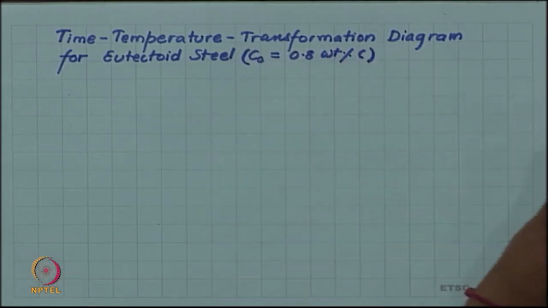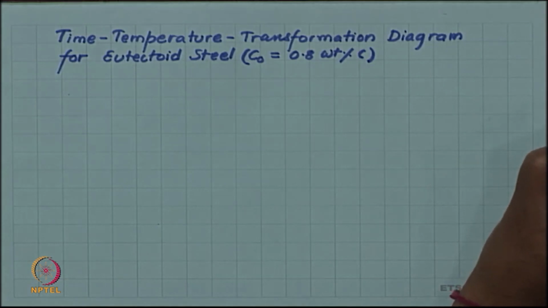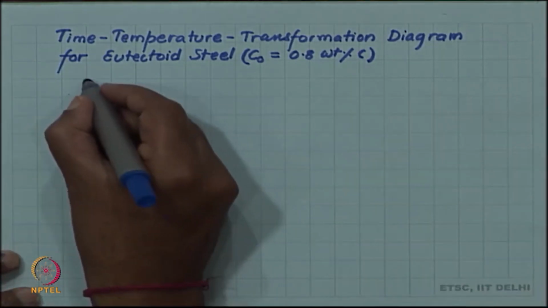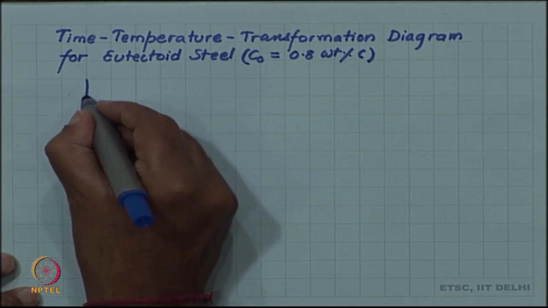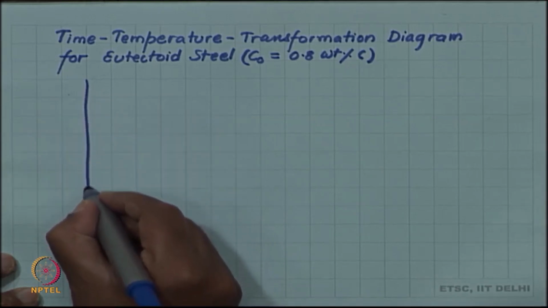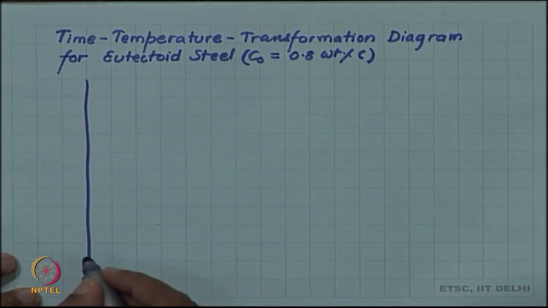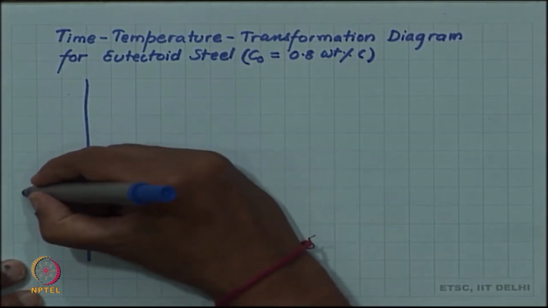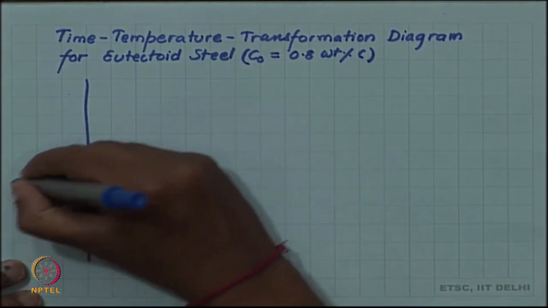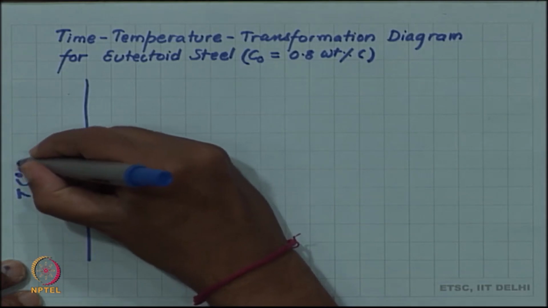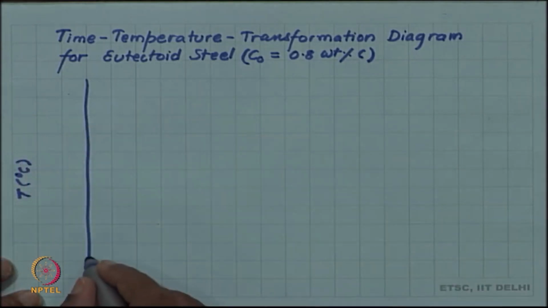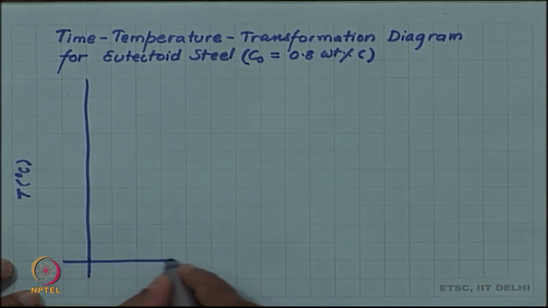So, the TTT diagram for eutectoid steel is what we are going to draw now. The TTT diagram has a vertical axis which is the temperature axis. So, we have temperature here, and a horizontal axis which is the time axis.